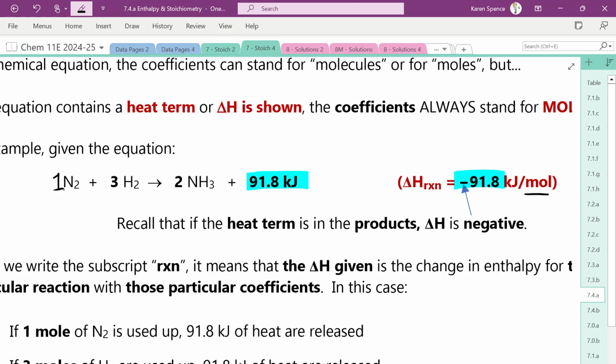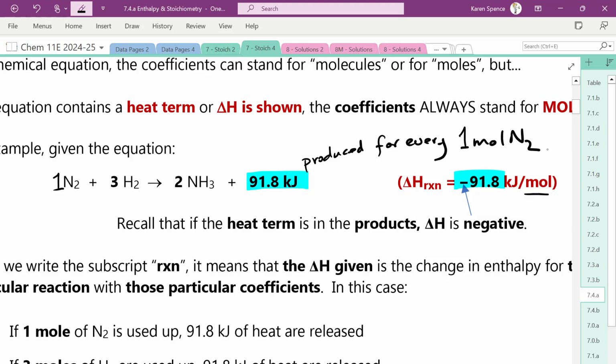So for this particular reaction, you get 91.8 kilojoules produced for every 1 mole of N2.